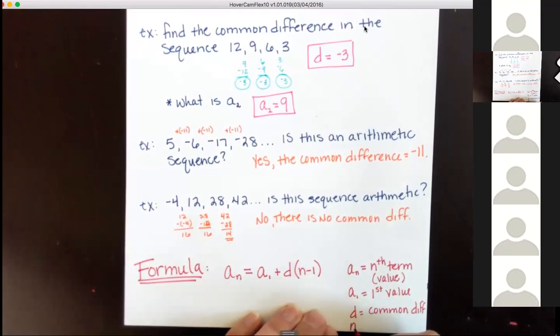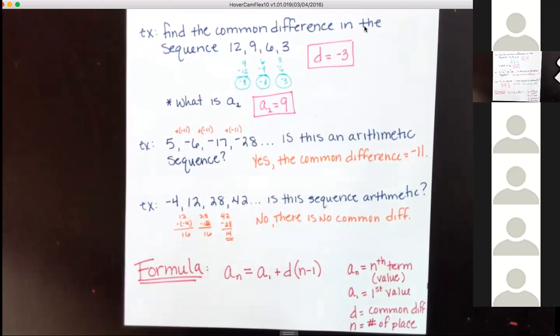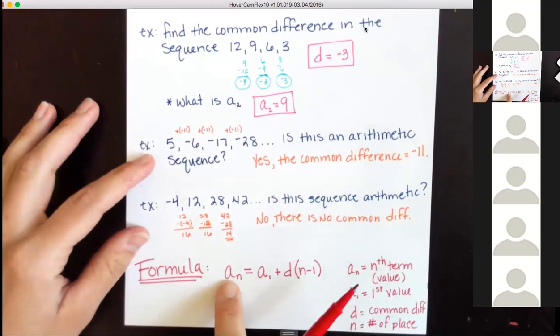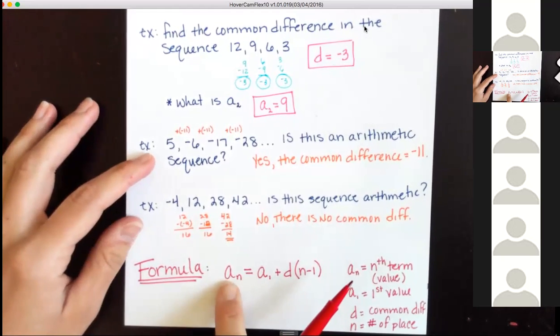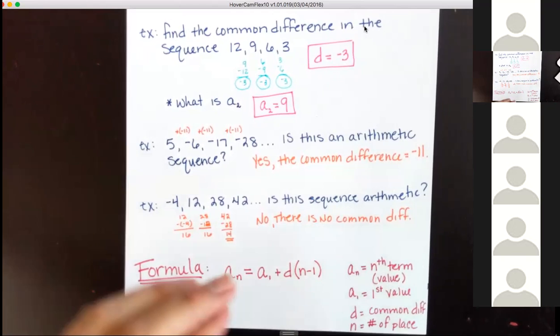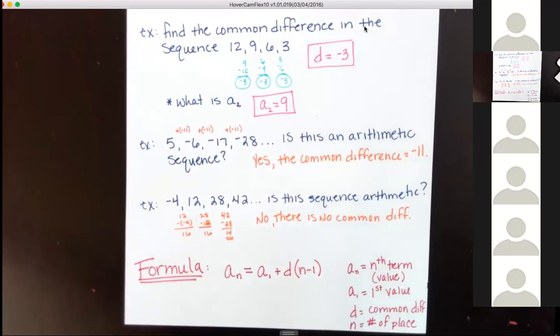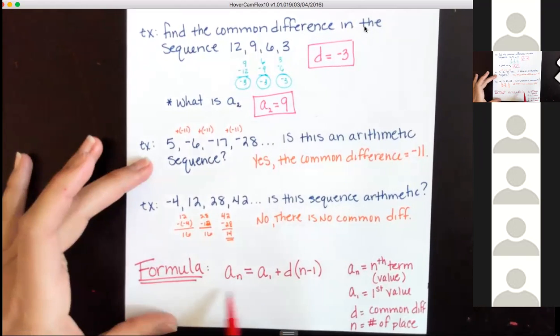And n is the number of the place we're looking for. This nth term is ultimately the question we're answering, and n is that 42nd row of the pyramid. So that's where we definitely want to use this formula.